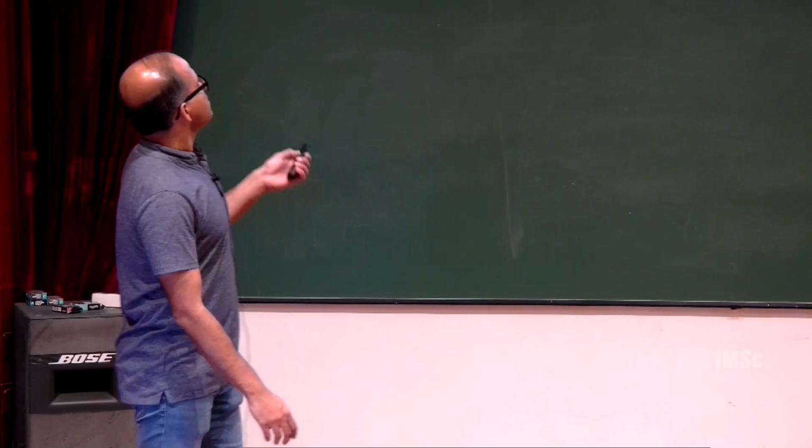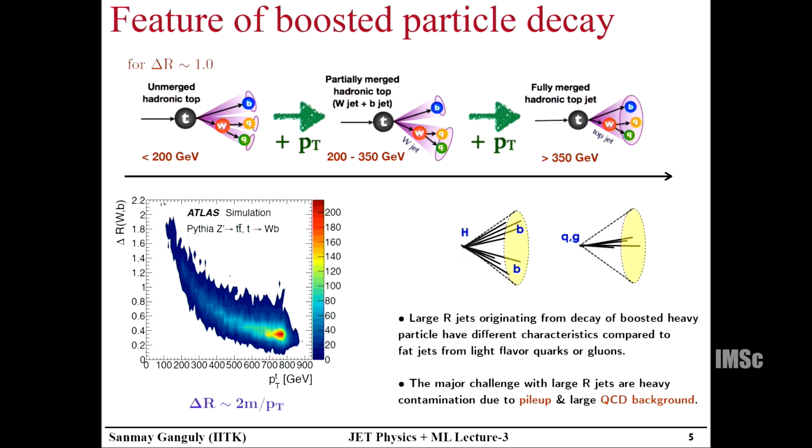So here is the plot from simulation for a boosted top quark decay, and you can see that when we know the top mass, given the boost, the transverse momentum of the original top quark, what is the optimal delta R to choose, so that you capture statistically the maximum amount of the particles.